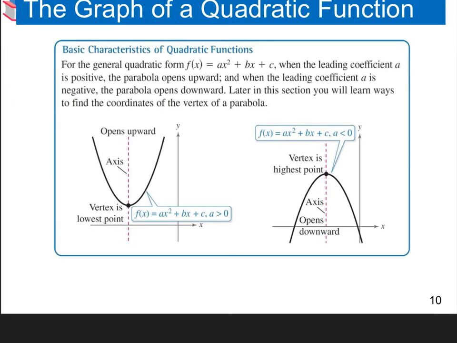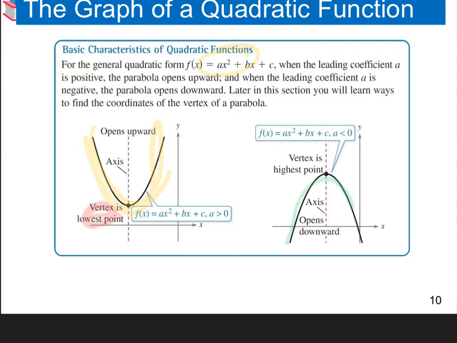Again, this is all stuff that we've talked about. You can find which way the parabola opens by looking at the a term. If it's positive, it opens up. If it's negative, it opens downward. Your axis of symmetry is that vertical line that cuts the parabola in half. If you have a positive parabola, your vertex will be the lowest point.